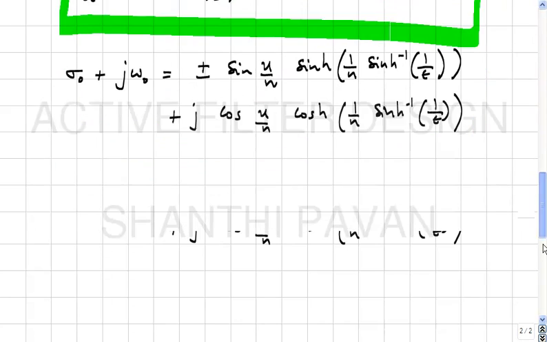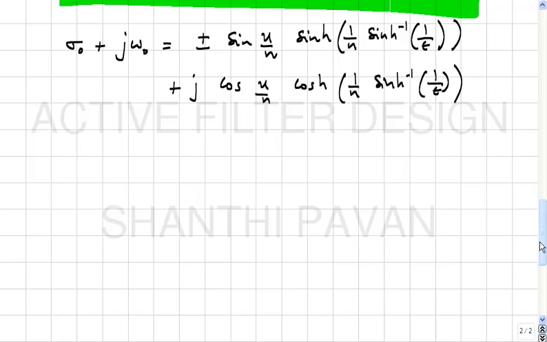A couple of minor points that I'd like to point out. By observation, sigma naught is obviously the real part of the root, and omega naught is the imaginary part of the root.